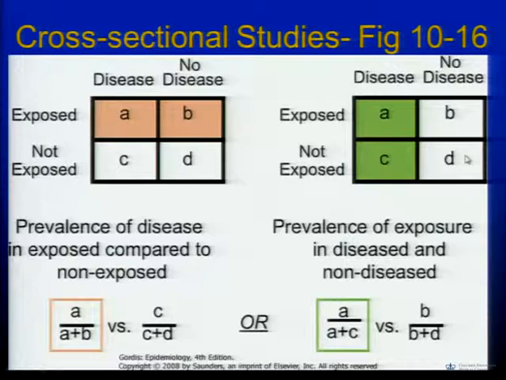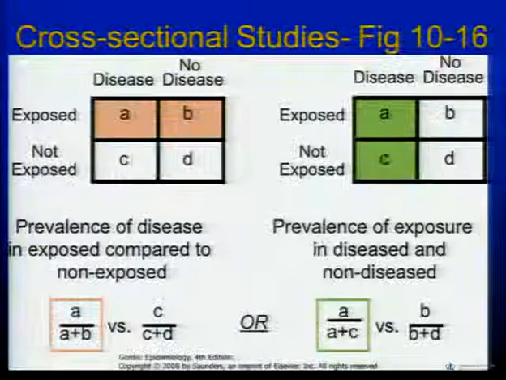So that's the 2 different ways that you can take the 4-fold table in a cross-sectional study and describe it: either looking at prevalence of disease in exposed versus non-exposed, or prevalence of exposure in diseased and non-diseased.